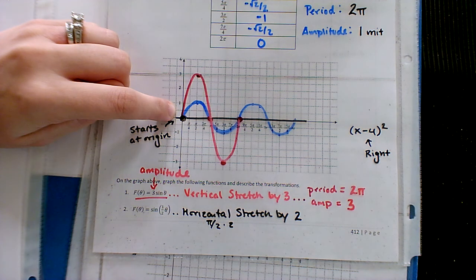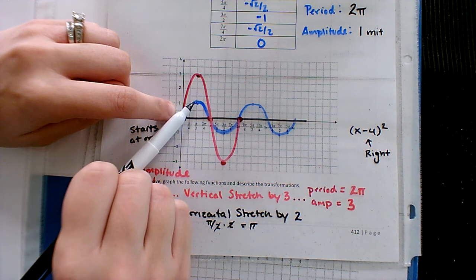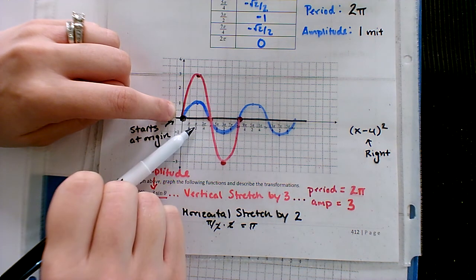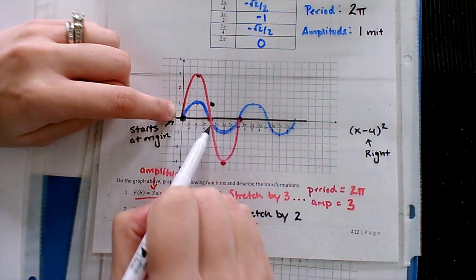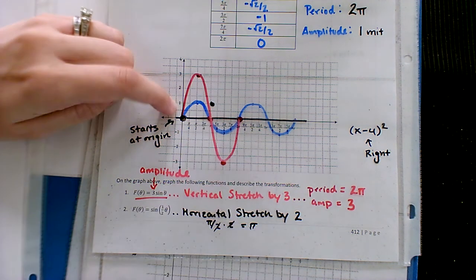No, that would be pi over 2 divided by 2. This would just be pi. The 2's would cancel. One's on the bottom, one's up top. Okay? So this point, which was originally at pi over 2, now has to be moved to pi, which was right there.